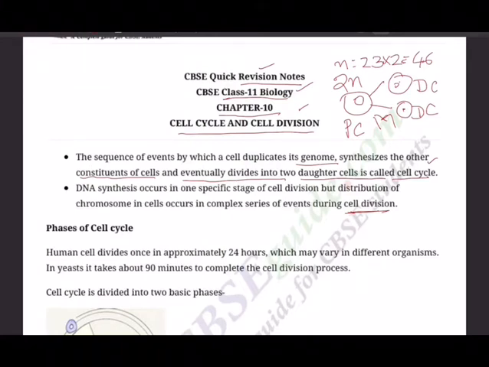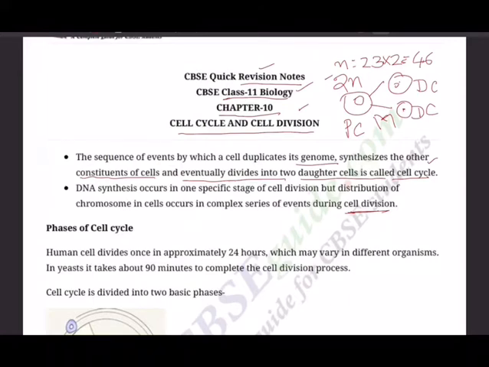Since we have two sets of 23, 2n, that is 46 chromosomes, all the cells in our body, right from skin cell, muscle cell, bone cell, hair cell, you name the cell, every cell has two sets of chromosomes, diploid, except the gametes. The sperm and the ovum will not have 46; instead they will have a 50% reduction, 23.